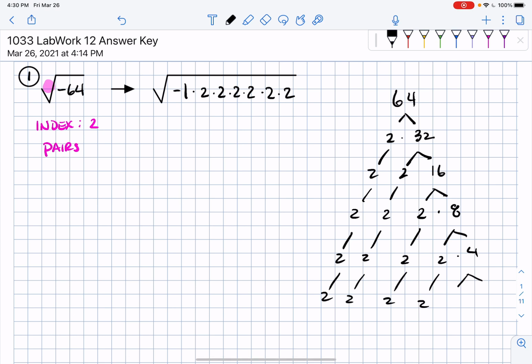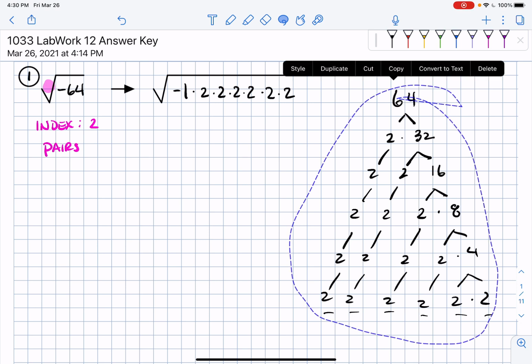And 2 goes into 4 2 times. So there's 1, 2, 3, 4, 5, 6. And that's what I should have right there. Okay? So that is the case right there. Perfect. All right. So that's how you would get everything into primes.